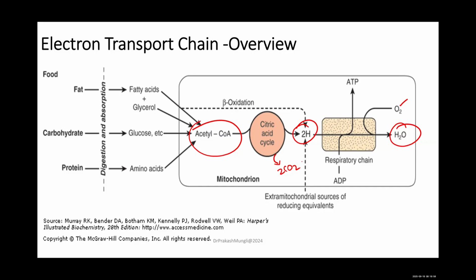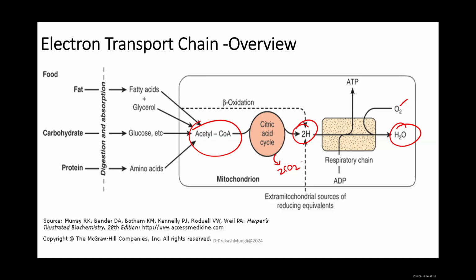So what is the overall outcome of this? As these protons go from one complex to another complex in the electron transport chain, the energy present in the protons is systematically used to convert ADP with Pi to make ATP.